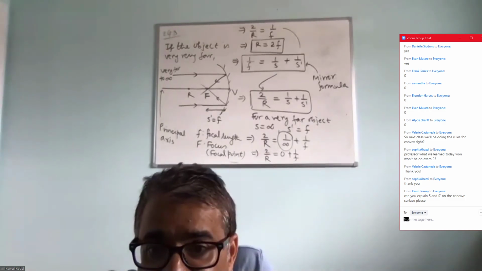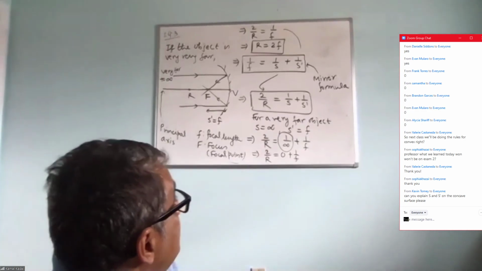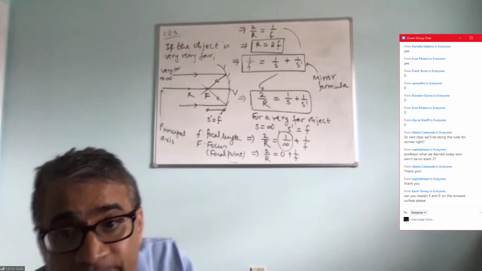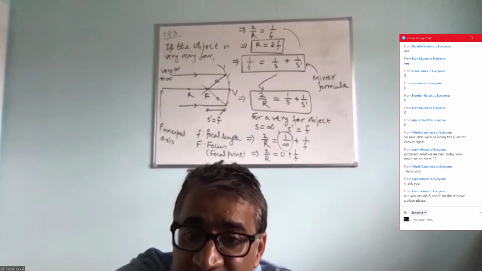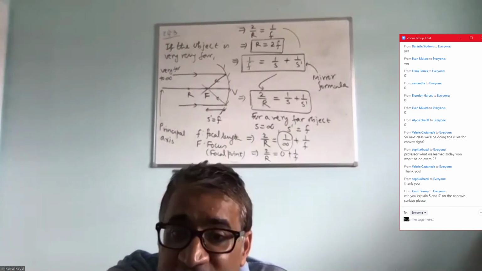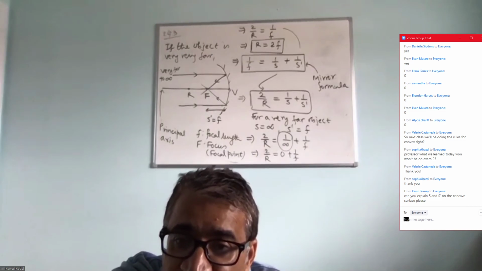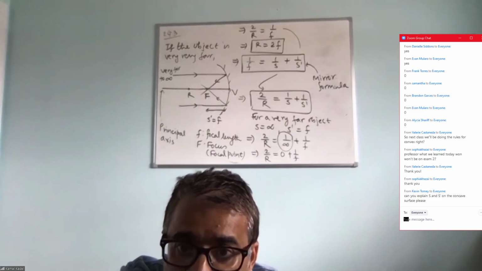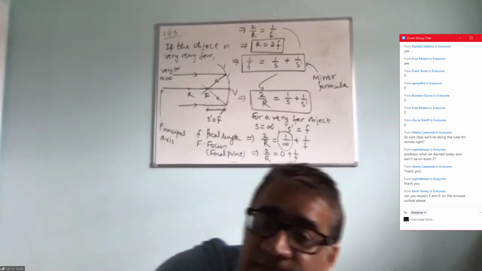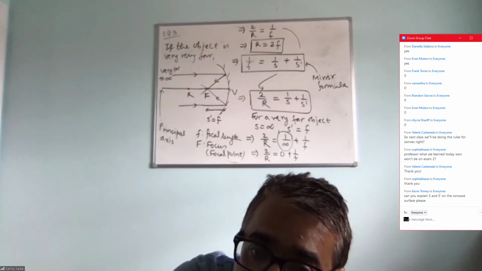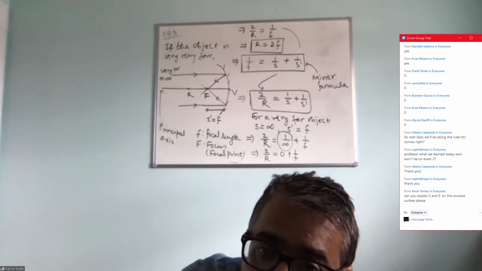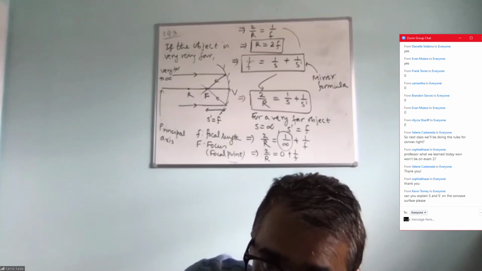Can you explain S and S prime on the concave surface? I already showed you S and S prime, right? I erased the image. S is the object distance. That means the distance of the object from the point V. If you go back and see the note, that's the concave one, right? So you put the point object there. So from O to V is your S. You are looking at the image.